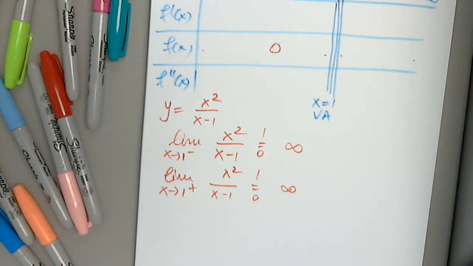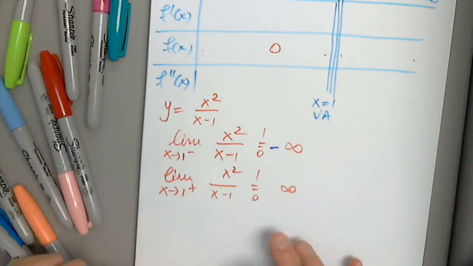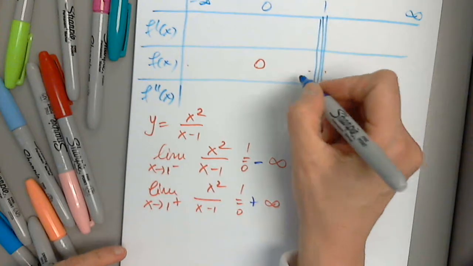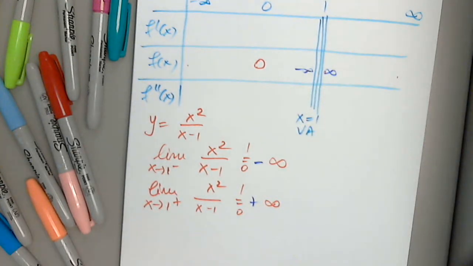It's a must. x equals 1 is a vertical asymptote for this. But I don't know the sign. So 1 from the left means 0.9. I need the sign for the first one. Negative. Indeed. Very good. So 1 from the right, positive. Excellent. So negative infinity and infinity. That part is done.